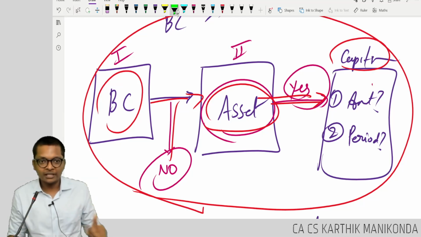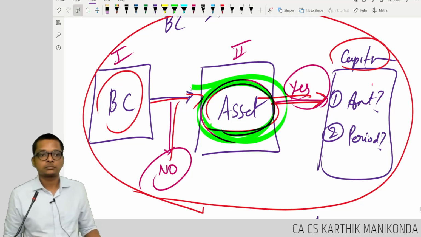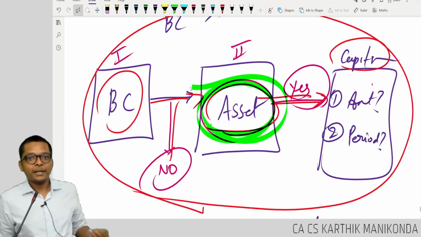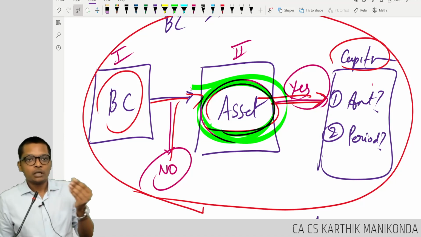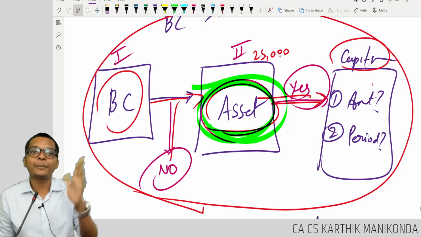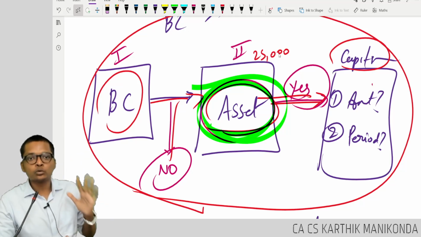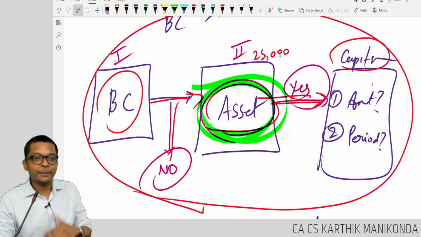How we are going to learn is, first I will teach you what this asset is. Sir, I purchased one small, let's say, laptop for 25,000 rupees. Can I capitalize? I purchased on EMI. Went to Amazon, purchased a laptop on EMI by paying monthly 2,000 rupees EMI. Can I capitalize? Can I capitalize every asset? I purchased a chair.